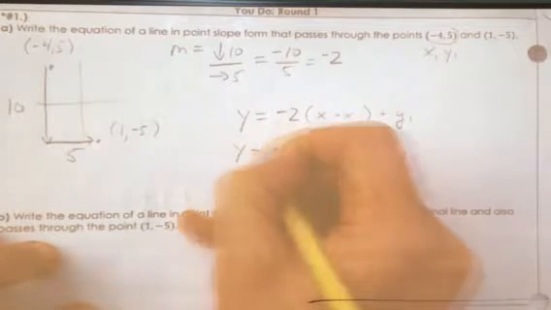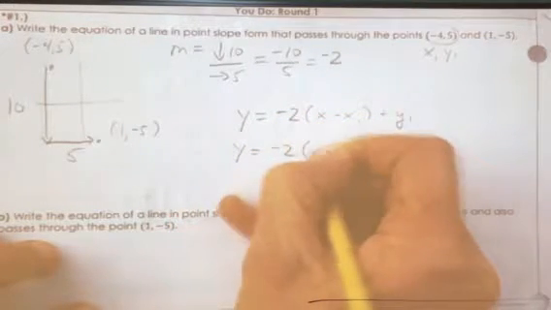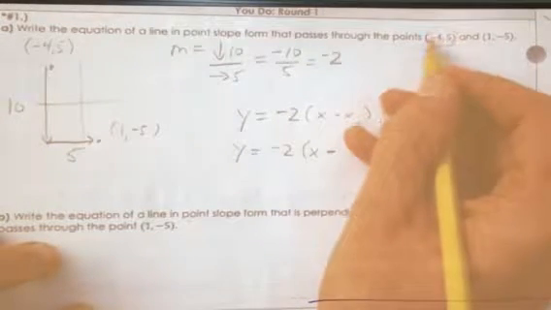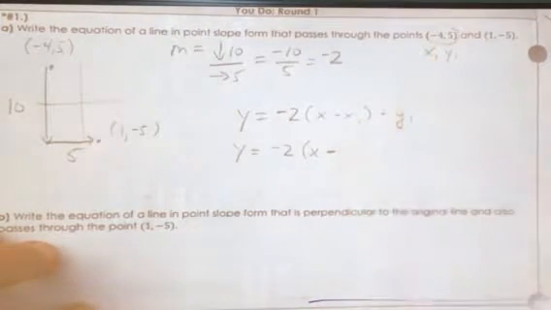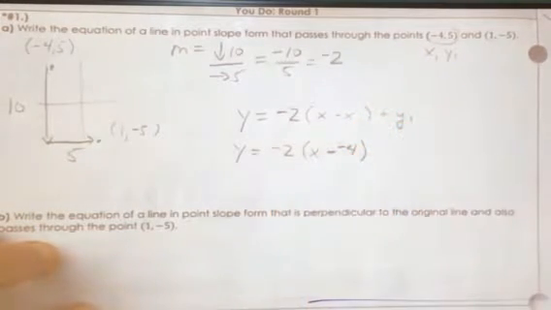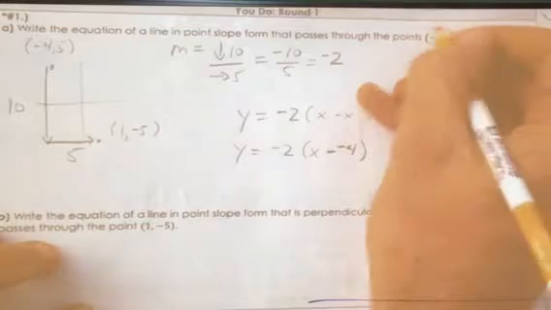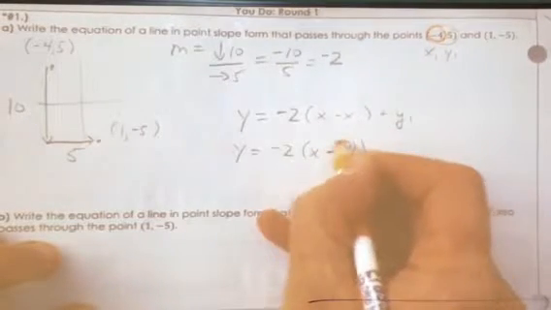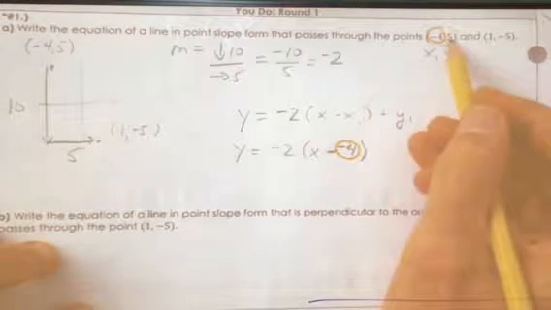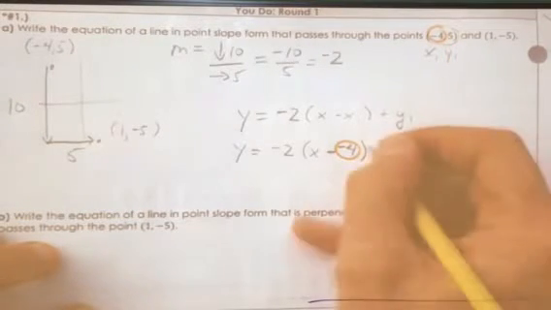So this is y = -2 times x minus, and now I have to bring in the negative from x1. So that's -4 there. And then y1 = 5, that's +5.